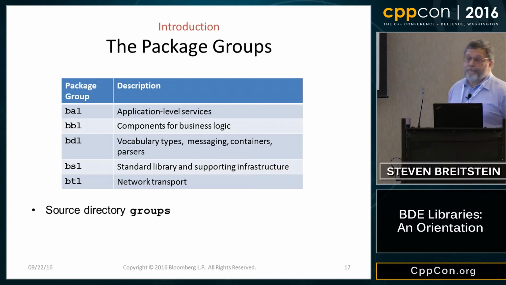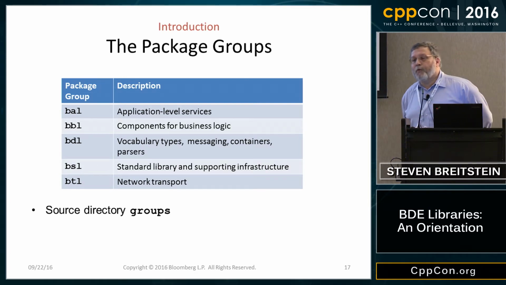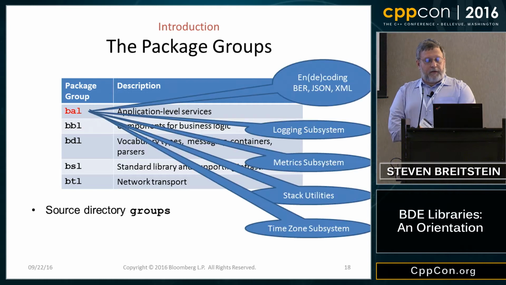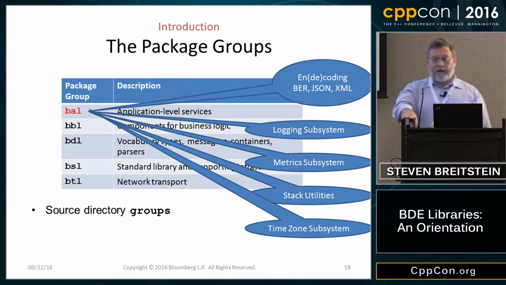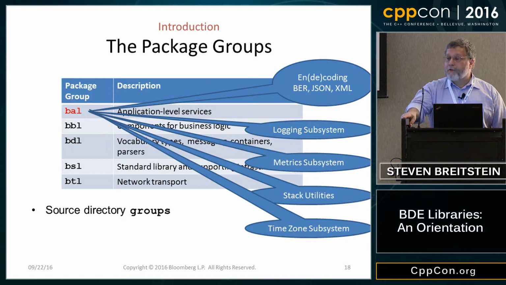And lastly, now that we have our libraries, what are the libraries available to you? There are these five. Val, which has fairly high-level libraries. This is where we have our logging system, our metric system, stack utilities, our time zone systems.